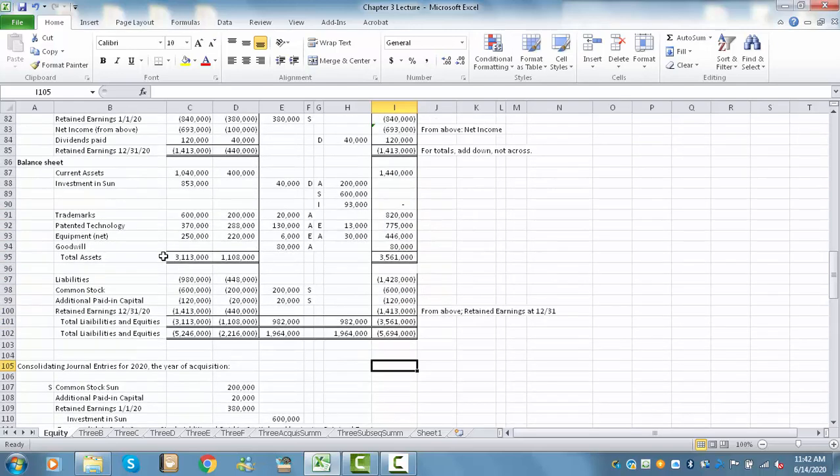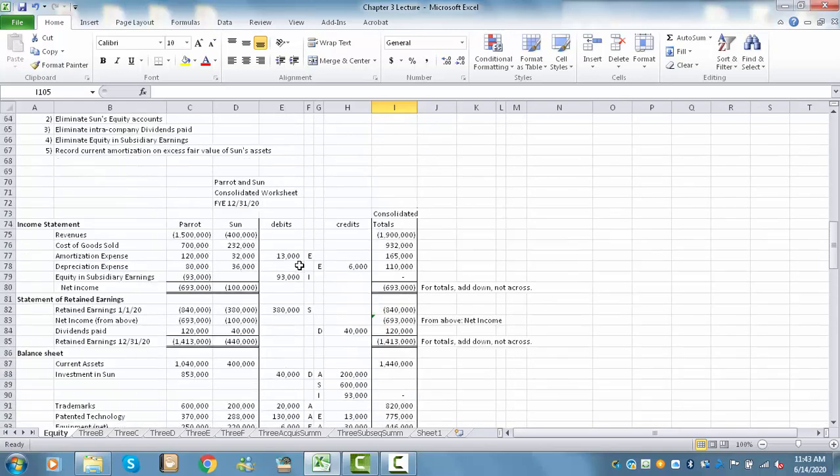at acquisition date, the assets and liabilities of the subsidiary company. So we're going to say patents were undervalued by 130, trademarks were undervalued by 20, and equipment was overvalued by 30.